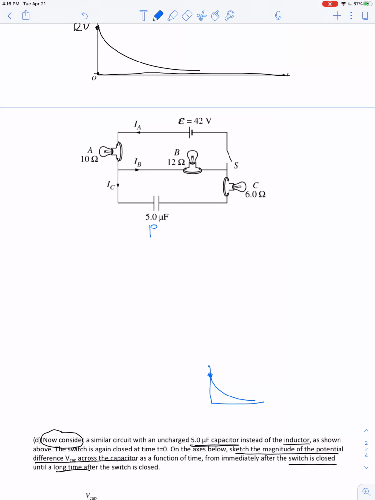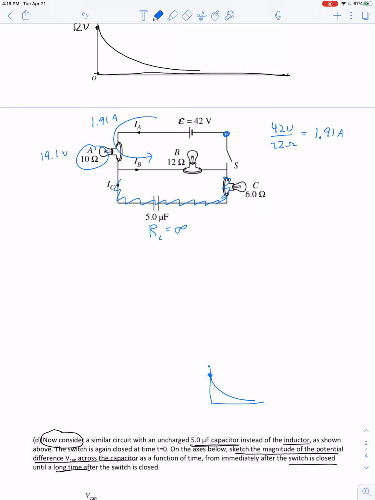That means the current that's flowing here is 42 volts divided by 22 ohms, and that gave us a value of 1.91 amps. Okay, so 1.91 amps is flowing through 10 ohms of resistance. So if I multiply that together, I get a voltage drop of 19.1 volts.